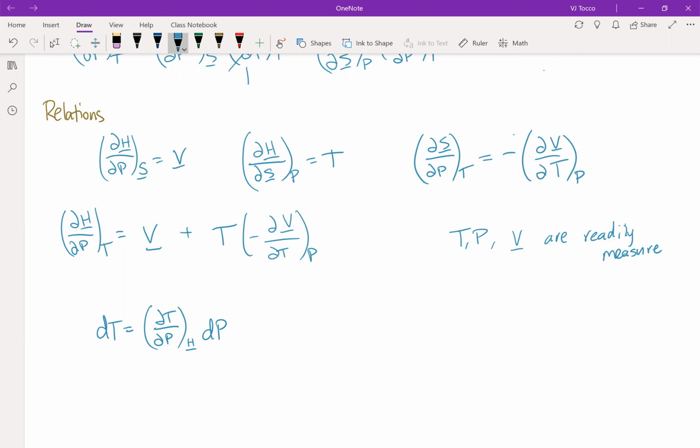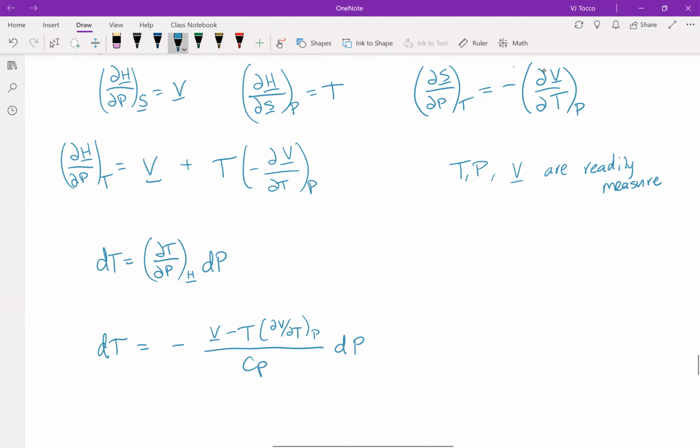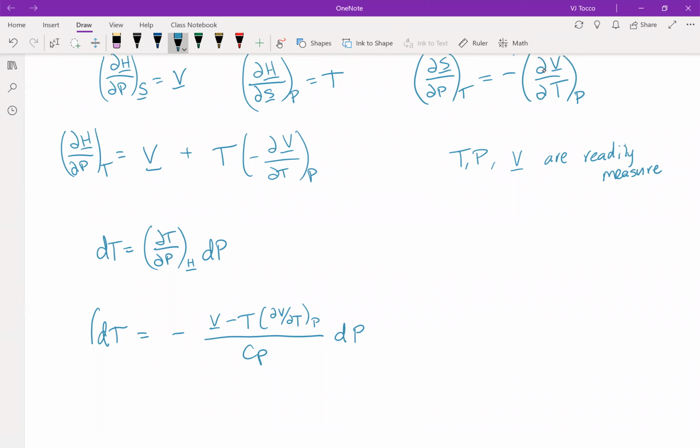So plugging it all in, we've got dT is equal to minus (V bar minus T (∂V/∂T) at constant P) over Cp times dP. To find the change in temperature, we can integrate. We're going to integrate this one from T1 to T2, and this one from P1 to P2.